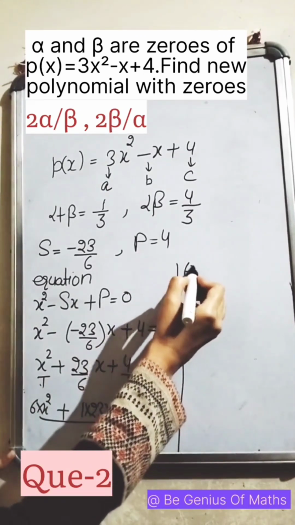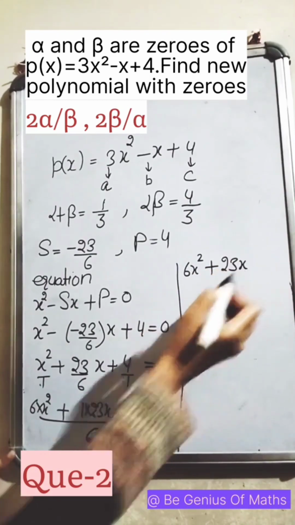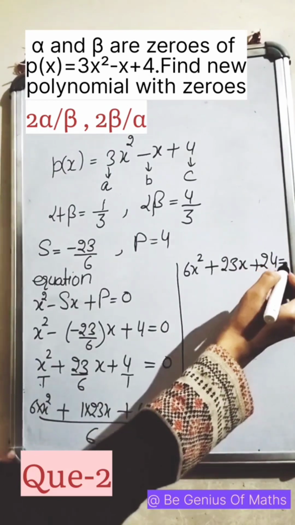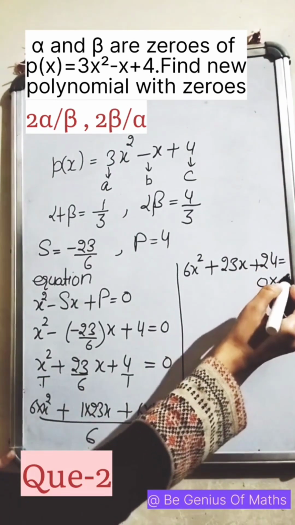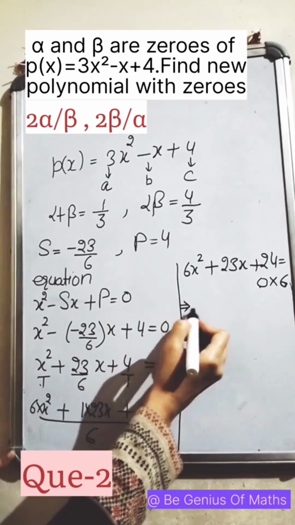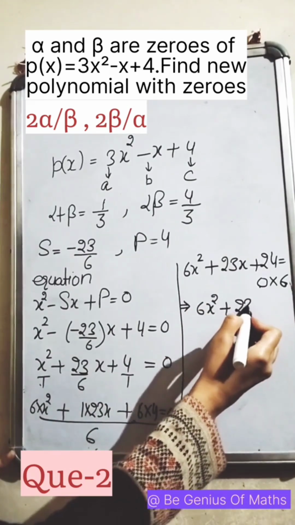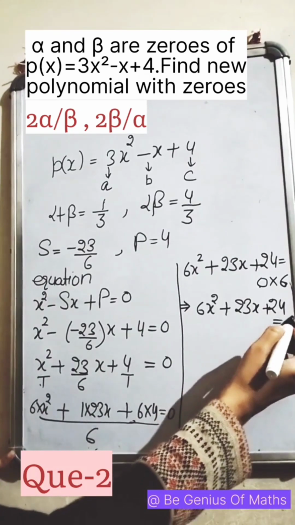So it becomes 6x square plus 23x plus 24 equal to 0 into 6. Since 6 was divided on this side, on that side 0 is multiplied by 6. 0 into something is always 0. So 6x square plus 23x plus 24 equal to 0.